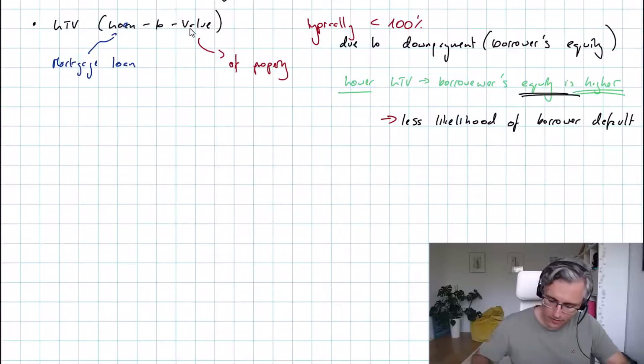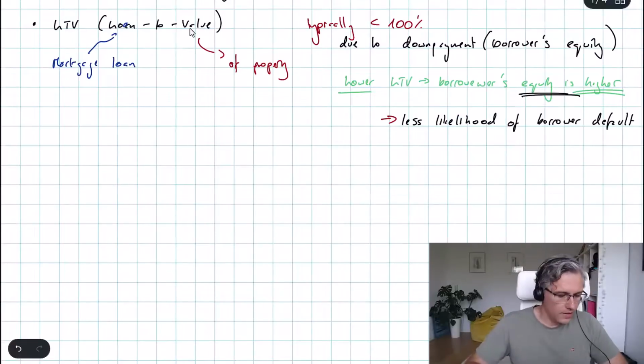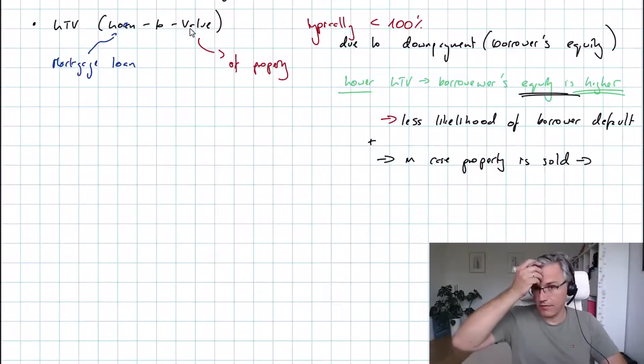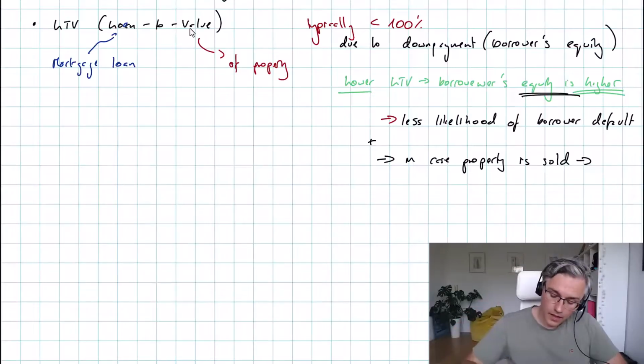It's still possible. And what is more, if there is default, there is more protection for the lender in case property has to be liquidated, in case property is sold as a result of foreclosure.